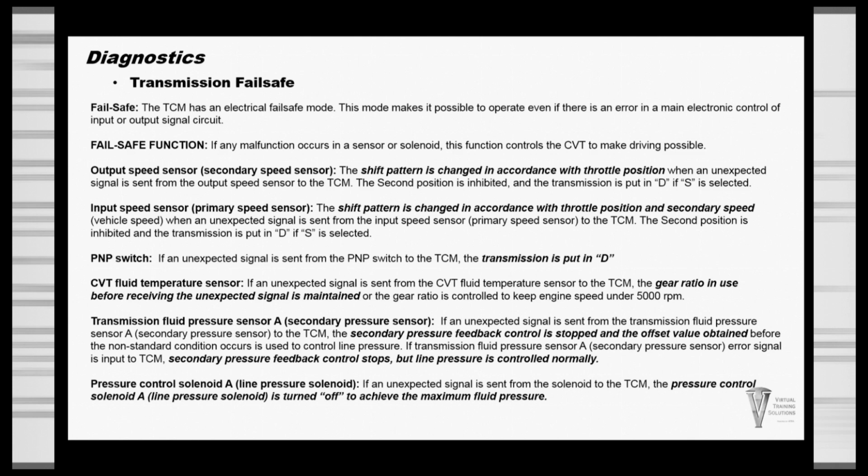Now if we have some problems with the transmission fluid pressure switch A, secondary pressure sensor, secondary pressure feedback control is stopped and the offset value obtained before the non-standard condition. So what it does is it stops the feedback, but the line pressure is still controlled normally.